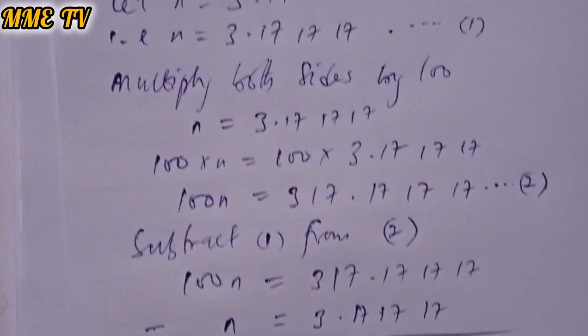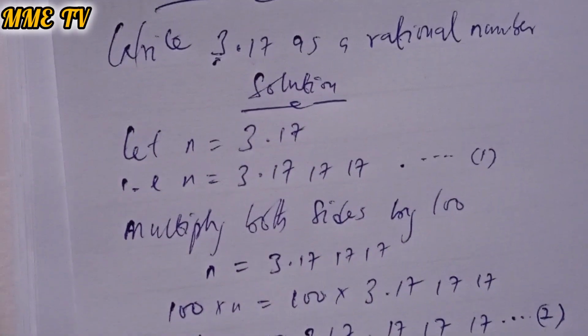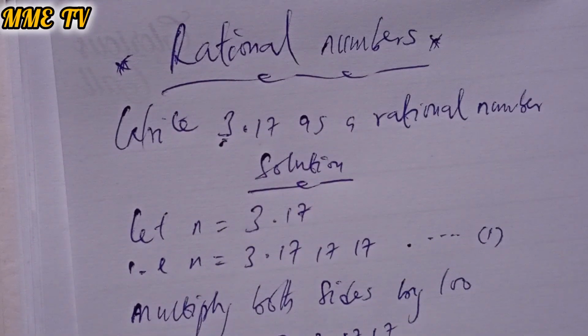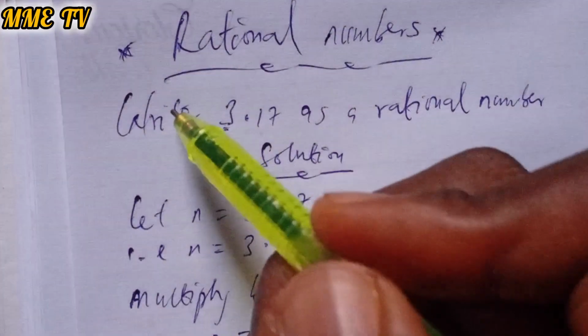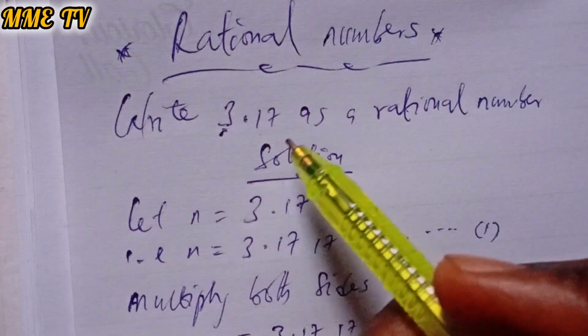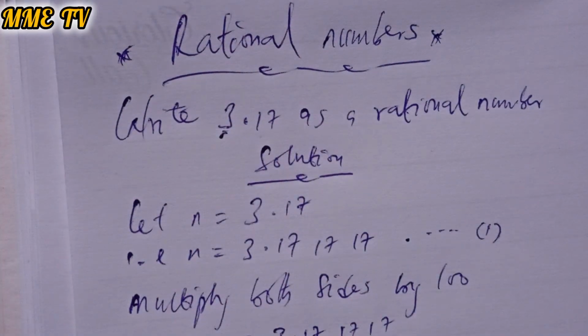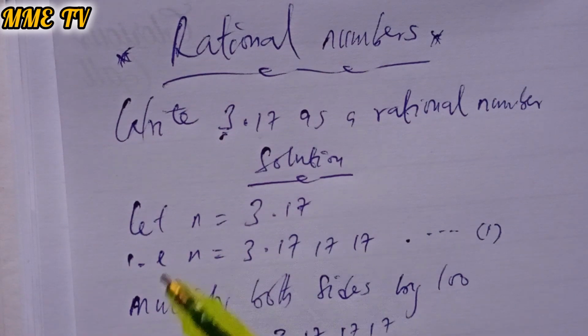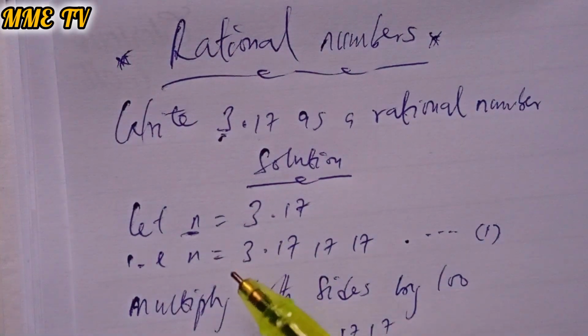Remember from where we started. Again, remember that we are on the topic known as rational numbers, and we are asked to write 3.17 as a rational number. And these are our solutions. The solution starts with let n be equal to 3.17. I can call this n, x.